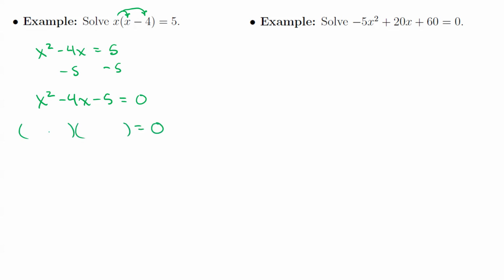To create negative 5, you're going to need plus 1 minus 5, right? And the outside and the inside will add to make that middle term. So x plus 1 equals 0. So x equals negative 1. And x minus 5 equals 0. So x is equal to 5.